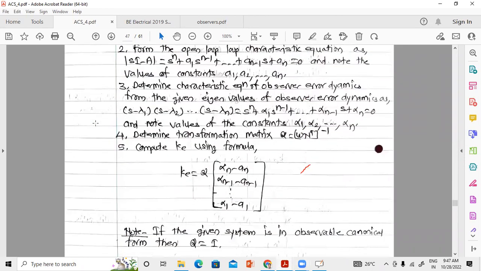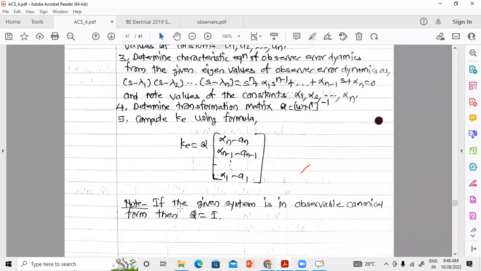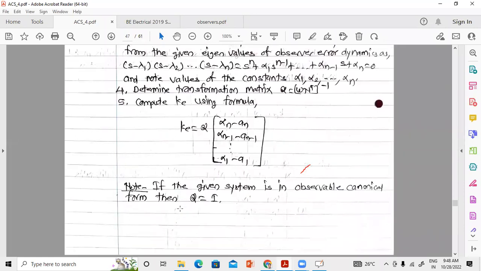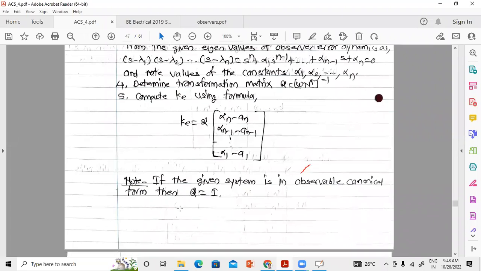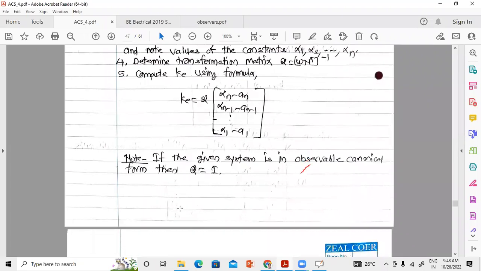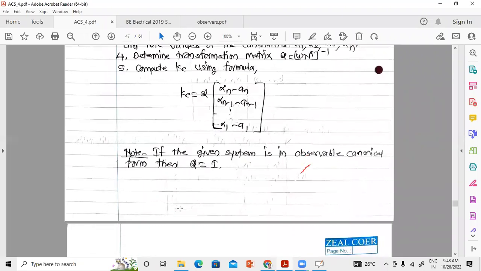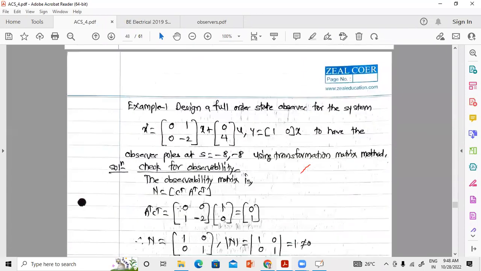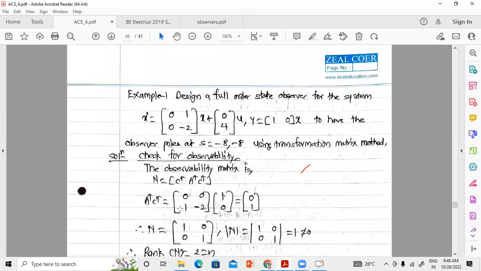and then this Q is used here to determine K. K is equal to Q into alpha n minus an, alpha n minus 1 minus an minus 1, and likewise up to alpha 1 minus a1. If the system is in the observable canonical form, then Q is equal to I. Is it clear?